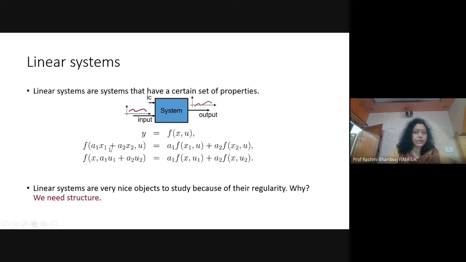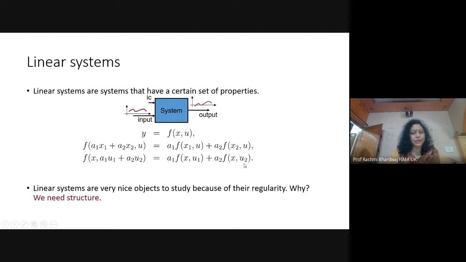So what is the additive property? Suppose y is a function of x and u. Additive means f of a1 x1 plus a2 x2, with u, is nothing but a1 of f(x1, u) plus a2 of f(x2, u). The same property holds on the other argument as well.